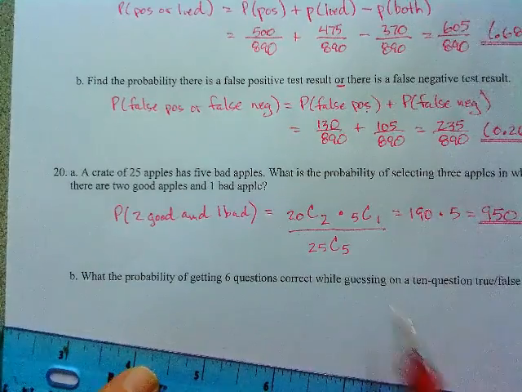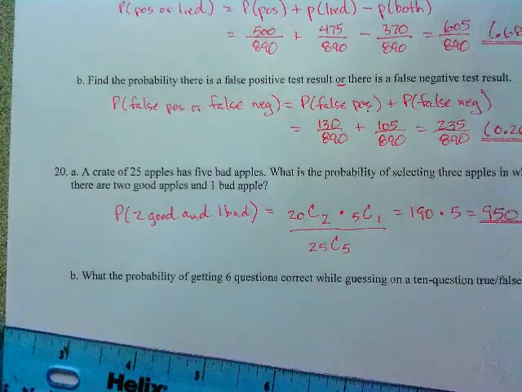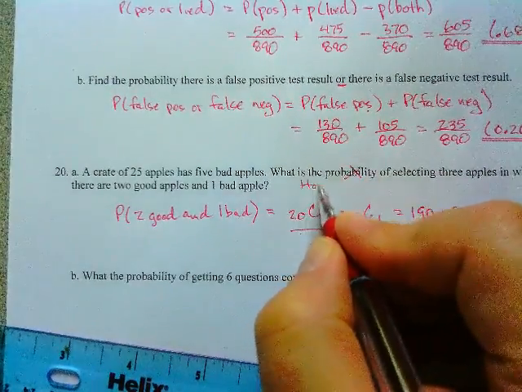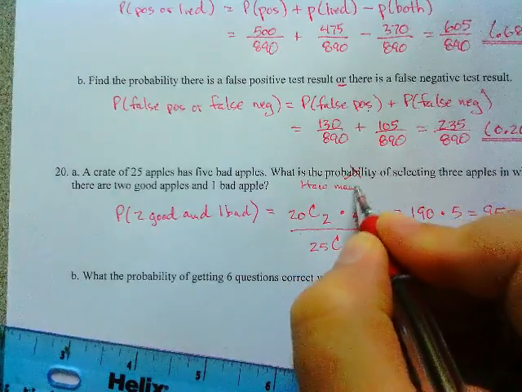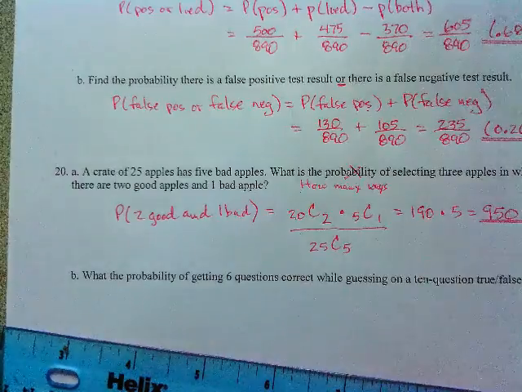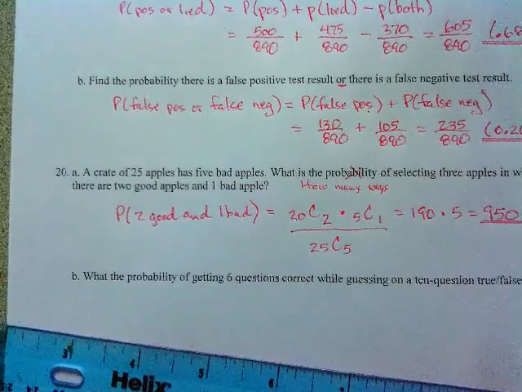And so I would need it to take the 950. And really what I wanted is just this. Not the probability, but just how many ways. So really I needed to divide by that as well, but I will just accept this for that.